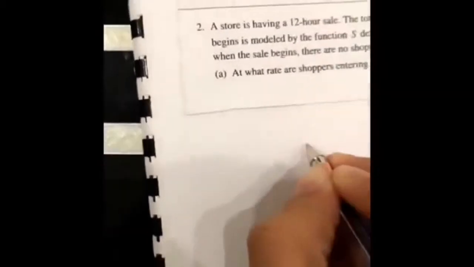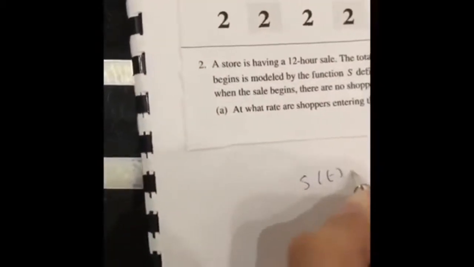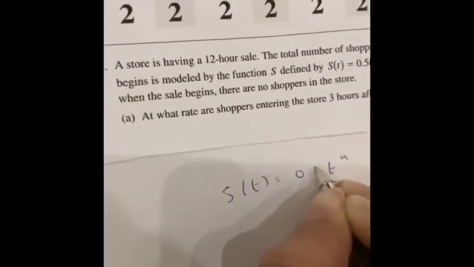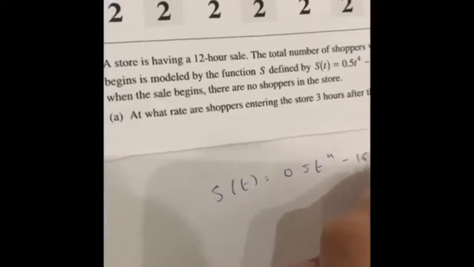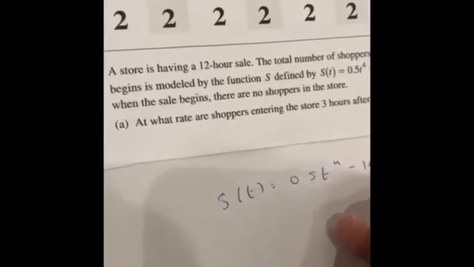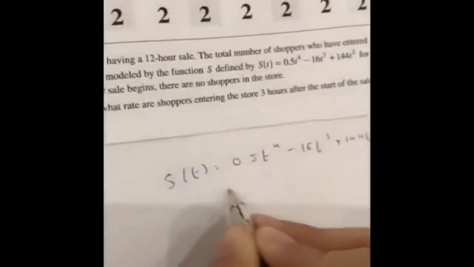So S of t is equal to 0.5 t power 4 minus 16 t cubed plus 144 t squared. So this is the power rule.